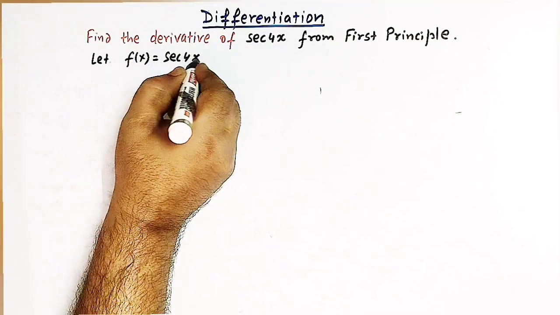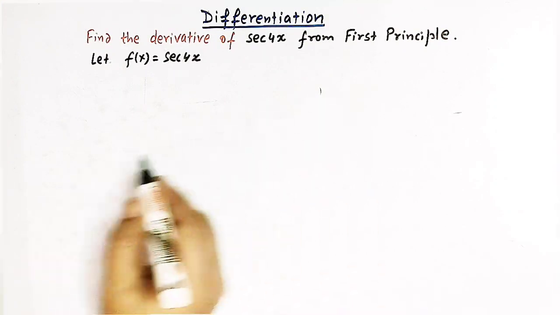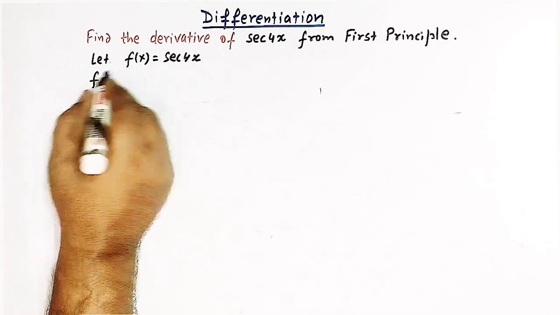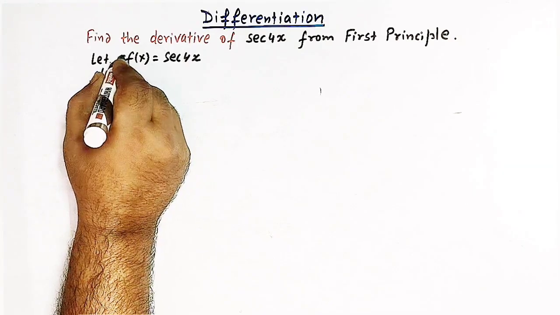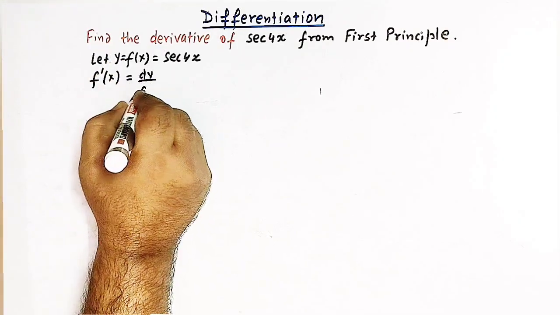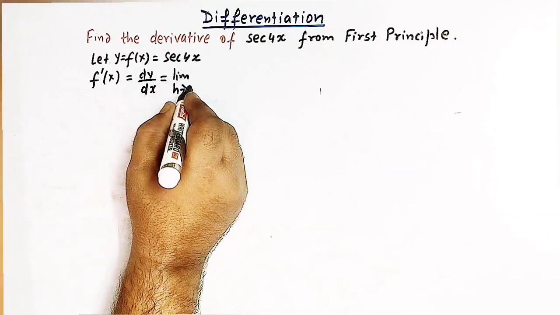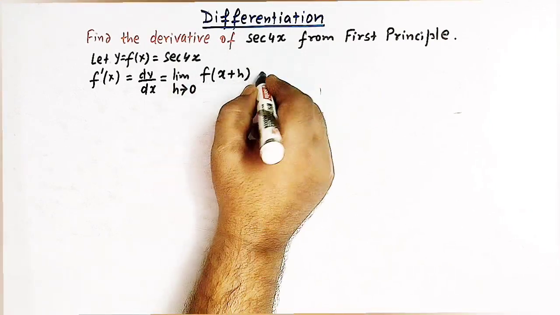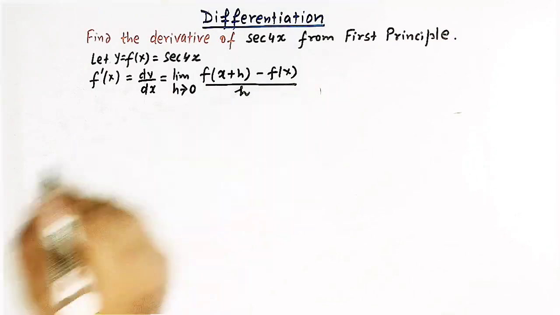So we have f of x is equal to secant of 4x, and from the definition of first principle, we know that the derivative of f of x, which is denoted by f prime of x, or if we take y is equal to f of x, then dy over dx is given by this limit, that is limit h tends to 0, f of x plus h minus f of x divided by h, right?